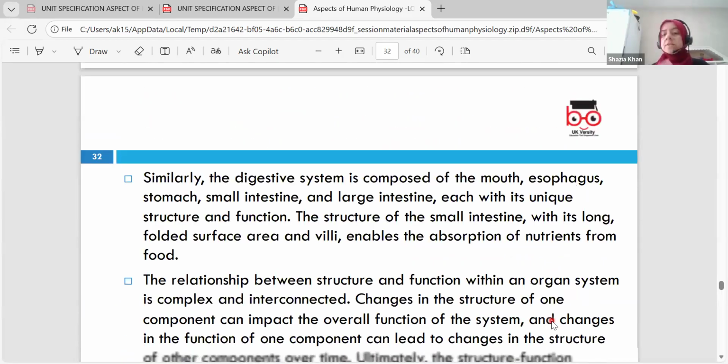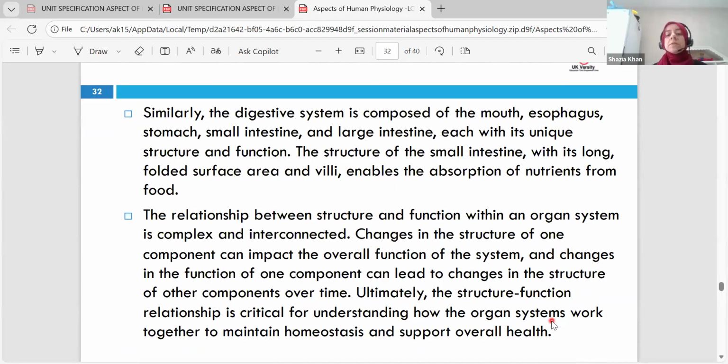You have the digestive system. All the parts of the digestive system are geared towards digestion. And the structure of the small intestine has a long folded surface area. Whenever there are folds, that means there's less space, but if you stretch those folds, it's actually very, very long, just as I talked about the lungs.